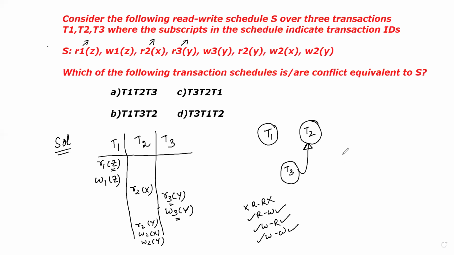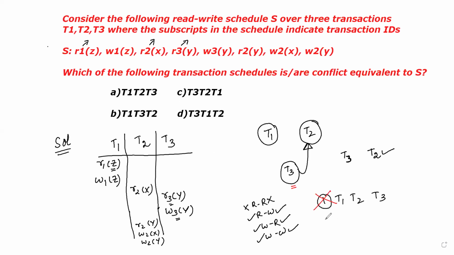Out of T3 and T2, T3 must come first, then T2. In the first case, they have given T1, T2, T3. Here T3 comes after T2, hence you must ignore this option.